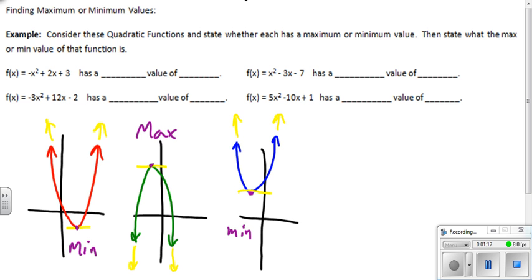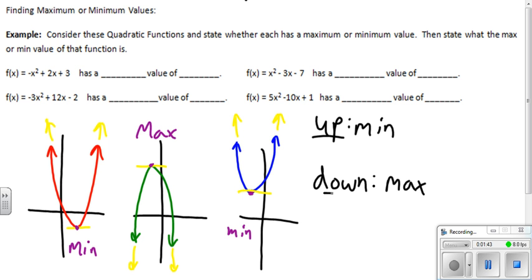So judging from our parabolas here, our examples, we would say that any time that a parabola opens up, like our red and our blue one, they have a minimum value. And anytime it opens down, like our green one, it has a maximum value. Now that's very helpful for us because we know when they open up and down.